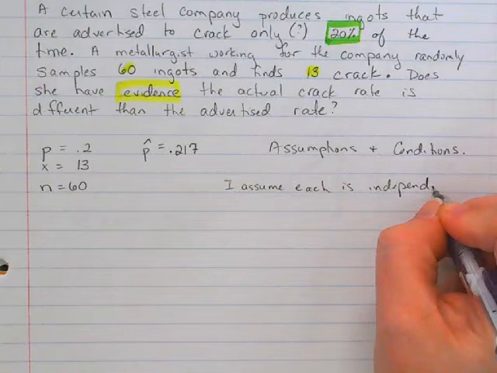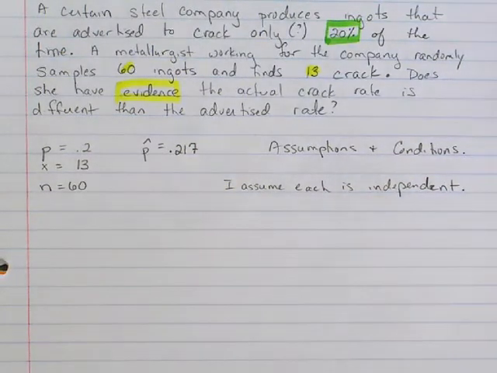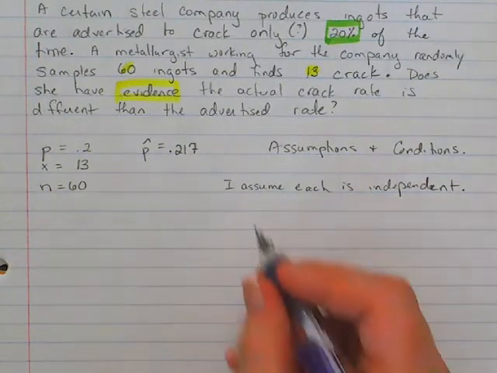When might the ingots not be independent? If they all came from the same batch. And that's the kind of stuff that you'll tackle when you get into college level stats, what you do when the outcomes are dependent. So I assume each ingot is independent.